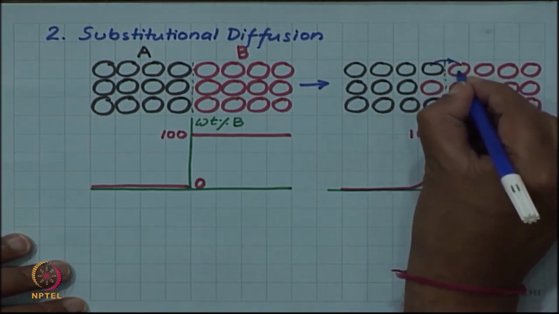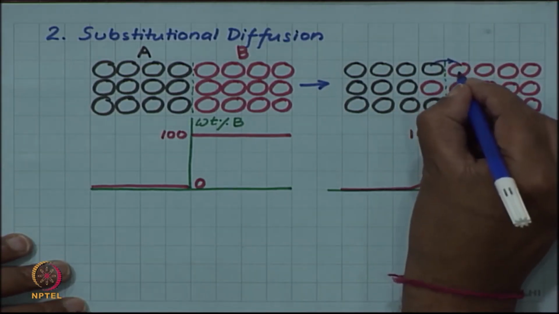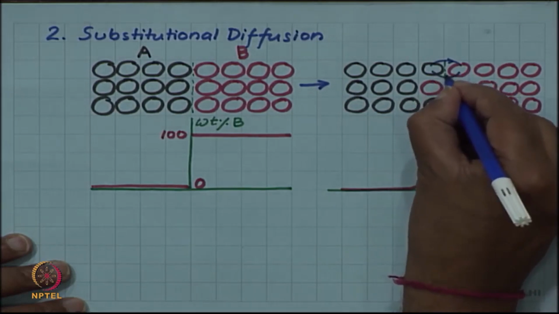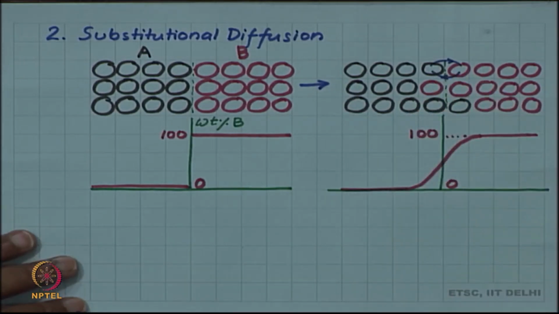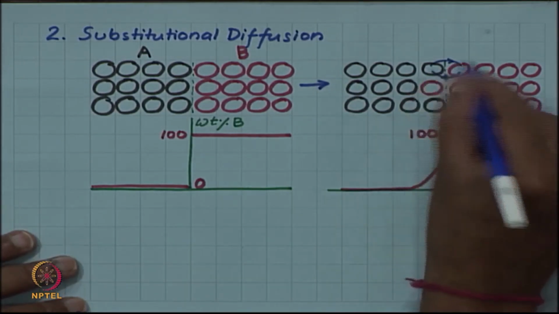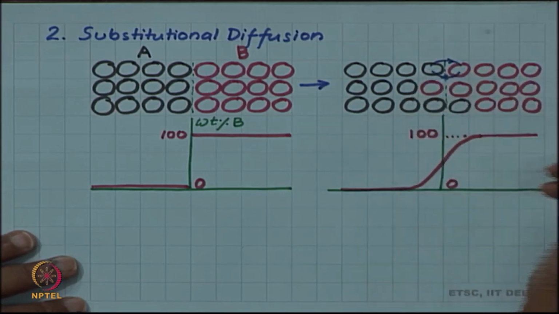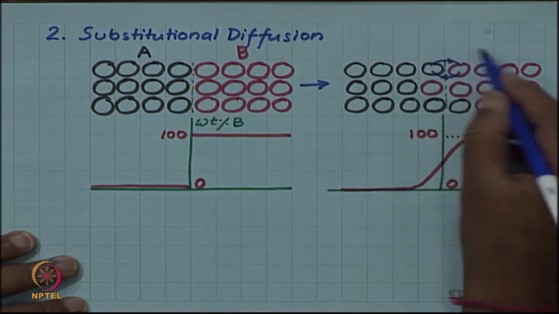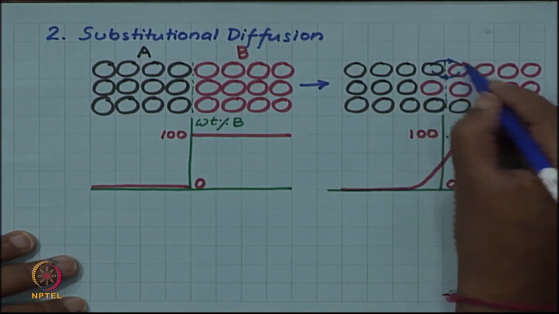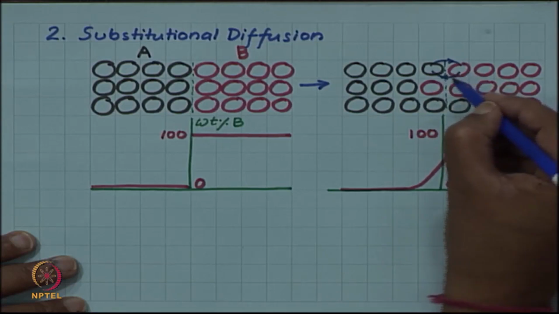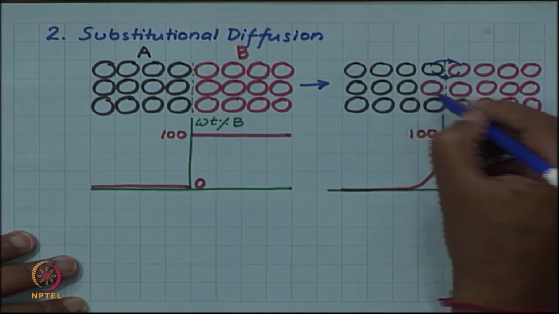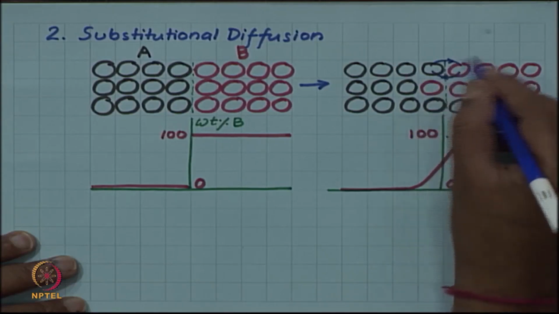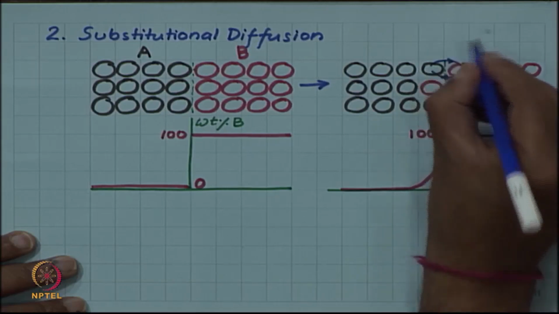In the direct exchange mechanism, they believed that a pair of atoms will exchange their position with each other. Of course, physically they will have to rotate around each other and will have to distort the surrounding lattice. So, that will require energy.